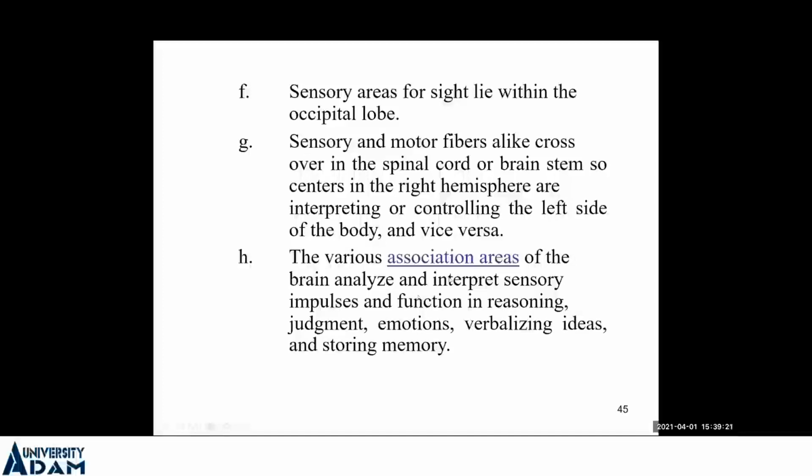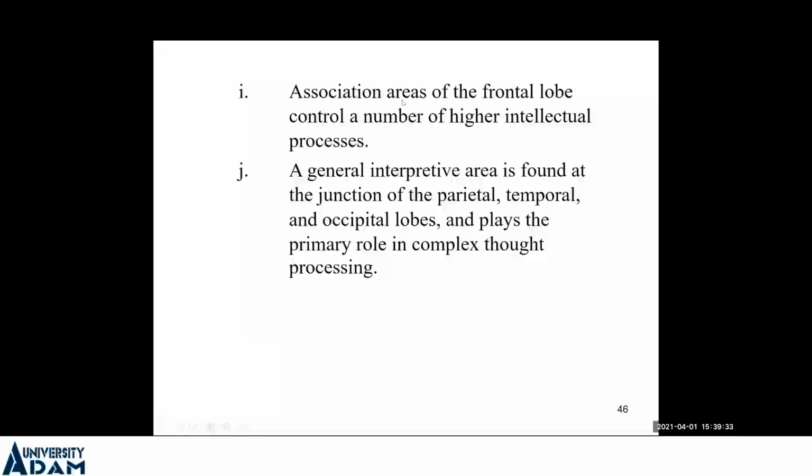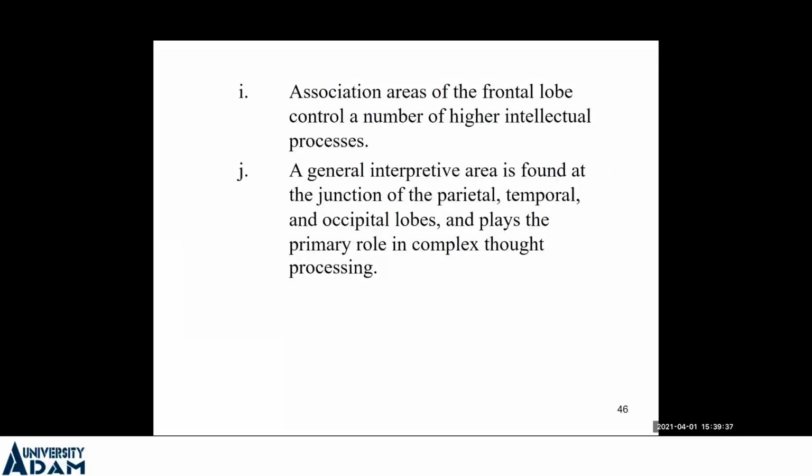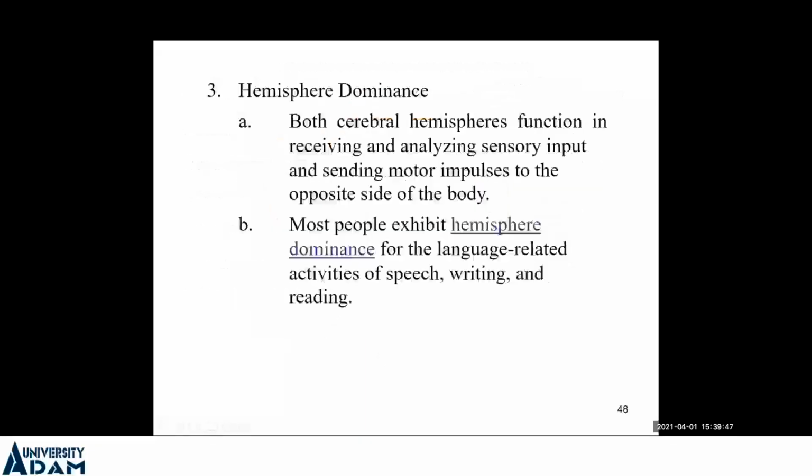Okay, so various association areas of the brain analyze and interpret sensory impulses and function in reasoning, judgment, emotions, verbalizing ideas, and storing memory. Association areas of the frontal lobe control a number of higher intellectual processes. A general interpretive area is found at the junction of the parietal, temporal, and occipital lobes and plays a primary role in complex thought processing.